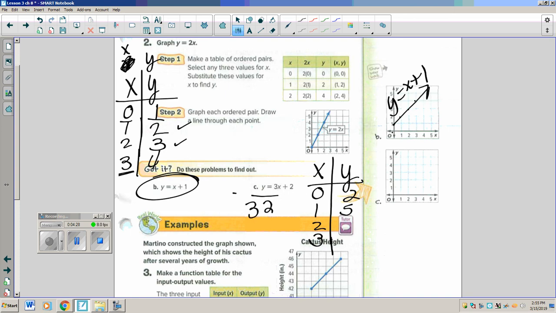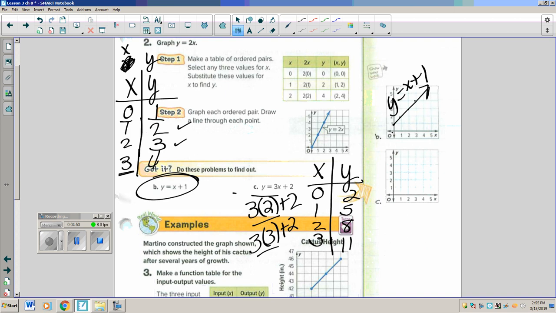3 times 2 plus 2. That's 6 plus 2 is 8. Notice it's going up by the same pattern. And for 3, 3 times 3 plus 2, that's 9, and that's 11. Graph your results. First one is 0, 2.